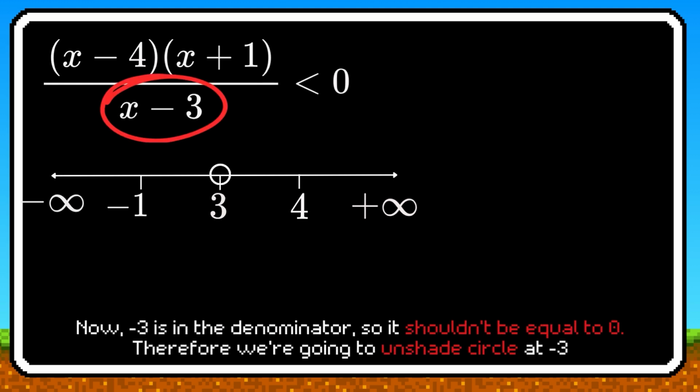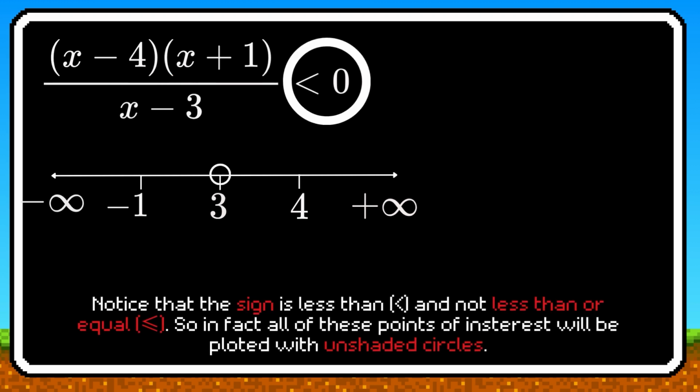Now, x minus 3 is in the denominator, so it shouldn't be equal to 0. Therefore, we're going to use an unshaded circle at 3. Notice that the sign is less than and not less than or equal to. So in fact, all of these points of interest will be plotted with unshaded circles.